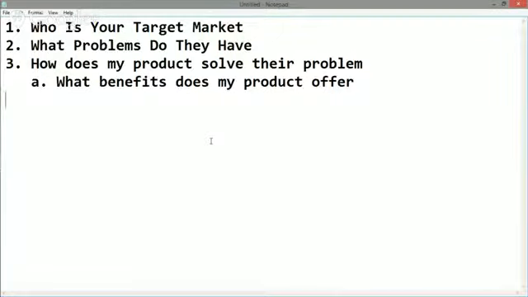So the second thing that you want to determine is, what problems do they have? My target market, what problems do they have that they might be looking for answers or a solution to? Because, guys, all I do in my business is basically answer questions and provide solutions. I provide value, just like I'm doing with you here.